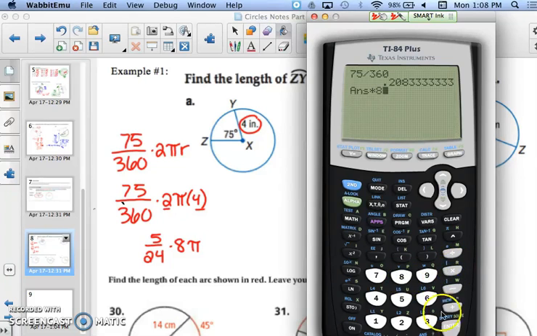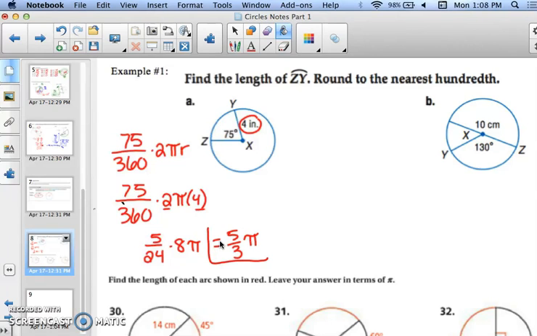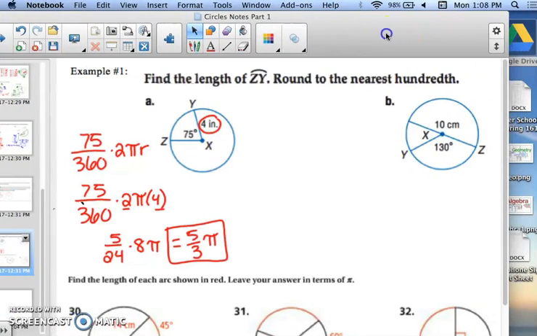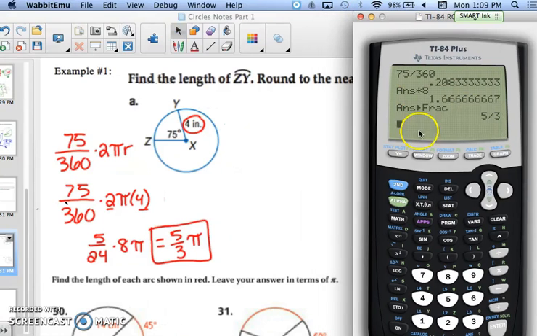I'm going to multiply by 8, and I'm going to hit math, enter to make that a fraction. So my final answer would be 5/3 pi, because a fraction is the most simplified form of that answer. Any questions on typing that in, let me know. Otherwise, I typed in this fraction times 8, left pi, dropped it down.